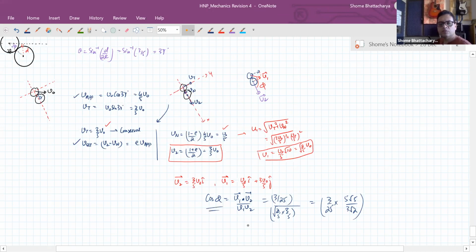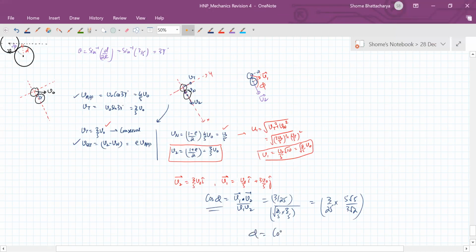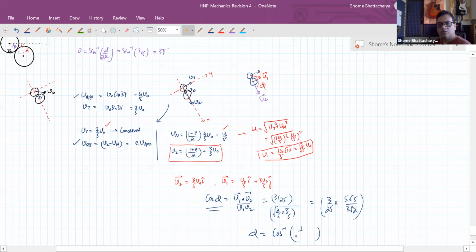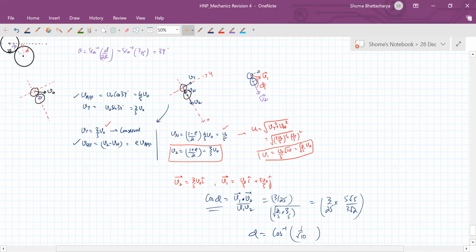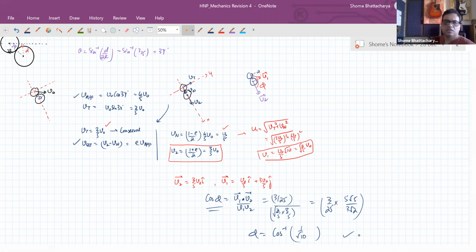So this will be the value of cos phi. So phi will come as cos inverse of something here. So I think that will be 1 by root 10. Yes, on that. So this is the sort of general way of solving an oblique impact like this.